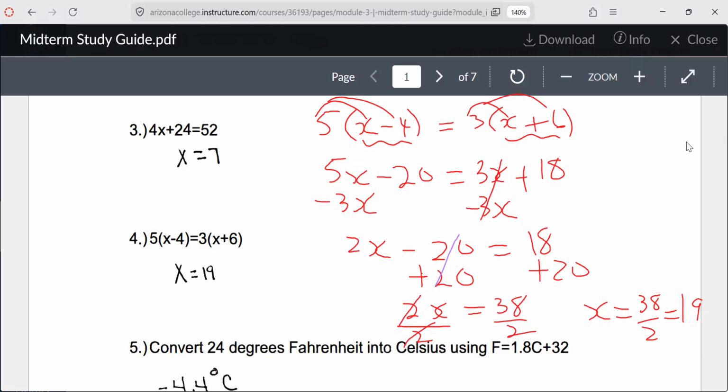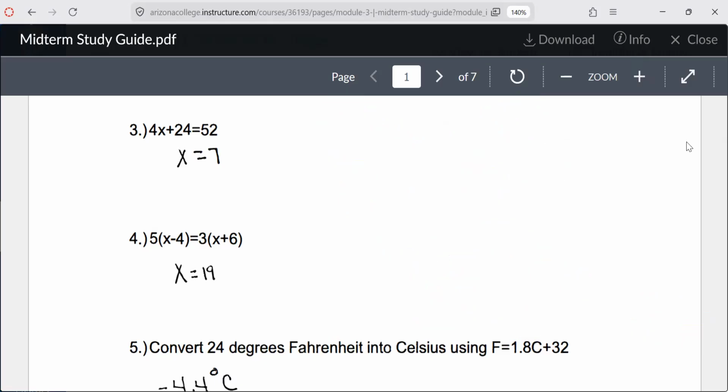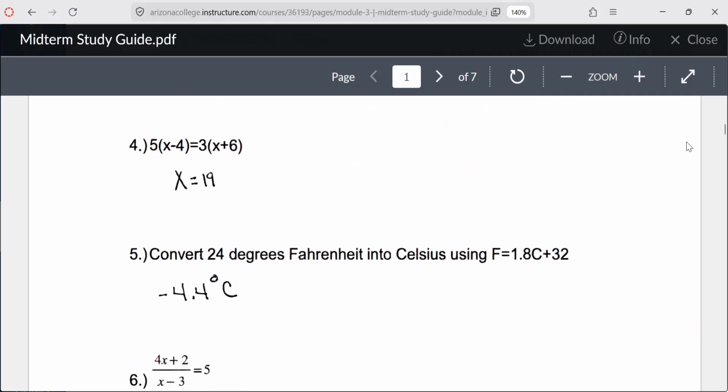Okay. Number 5. So in number 5, we are using the formula for temperature, converting from Celsius to Fahrenheit or Fahrenheit to Celsius. The F is Fahrenheit, and the C represents Celsius.